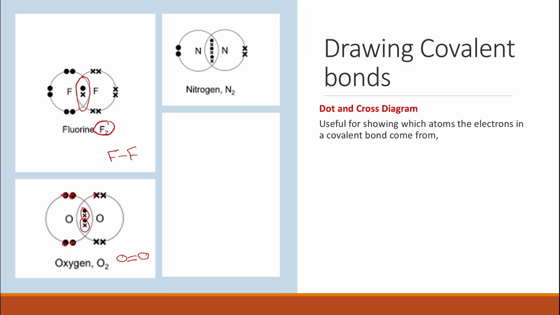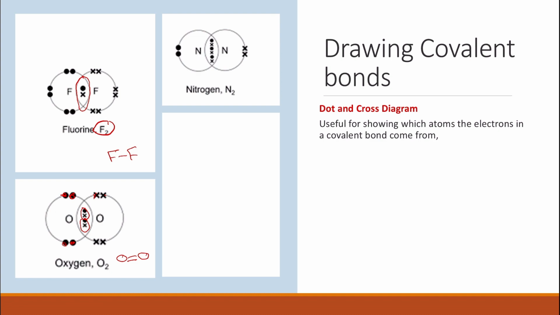If we look at nitrogen, another diatomic molecule, nitrogen has 5 electrons in its outer shell, which means each nitrogen would need 3 extra electrons to reach the total of 8. It's one of the group 5 elements. And now to do this, each nitrogen would share 3 electrons.